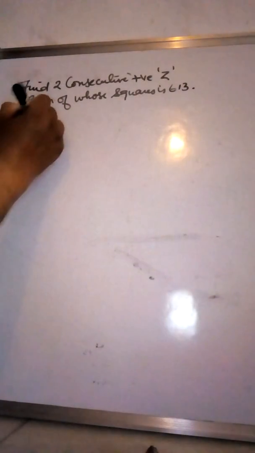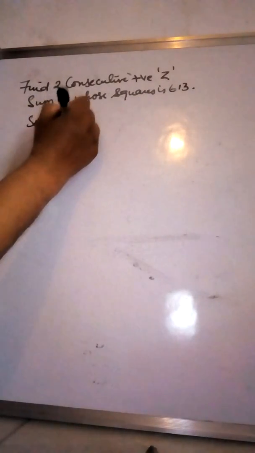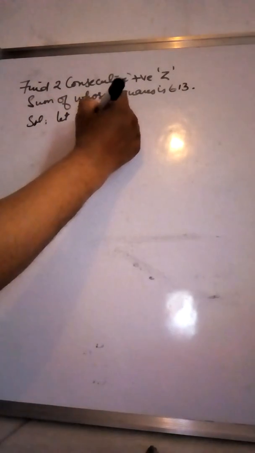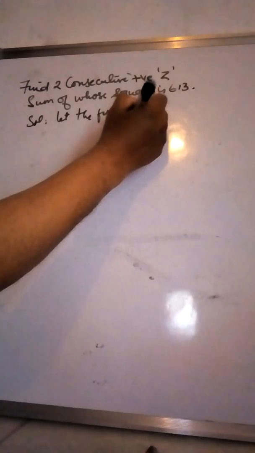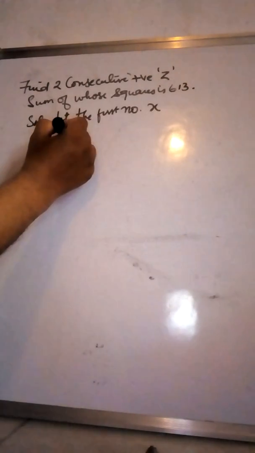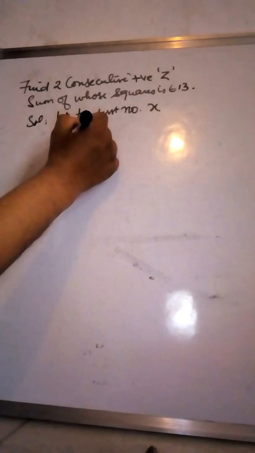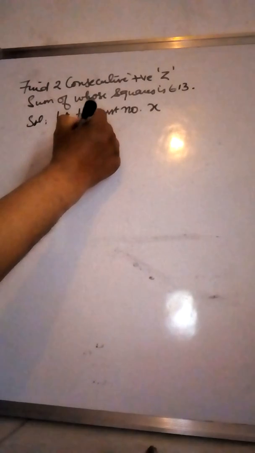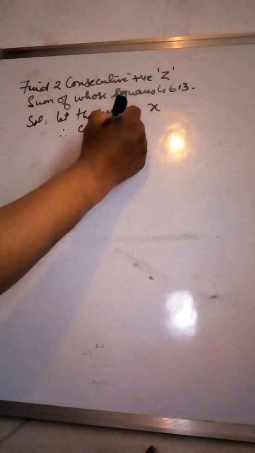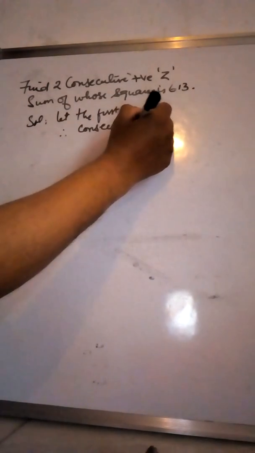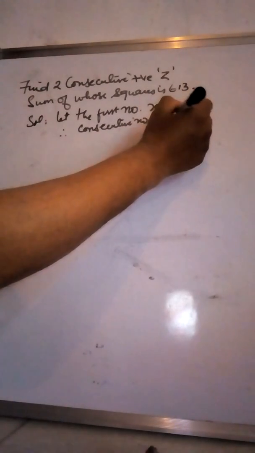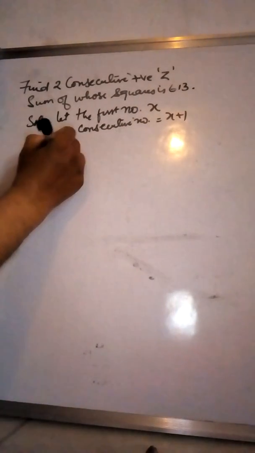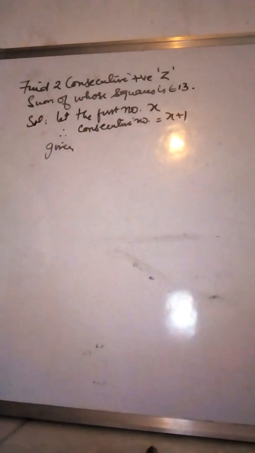I'll suppose, let the first number be x. Therefore the consecutive number will be x plus 1. It is given that the sum of whose squares is 613.